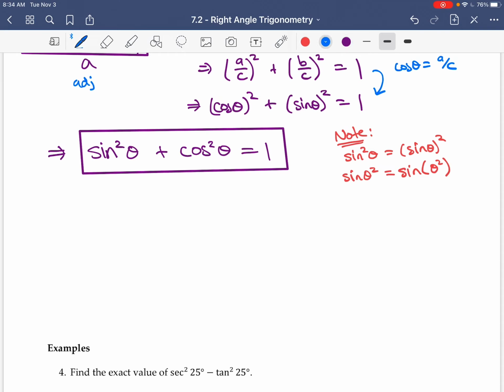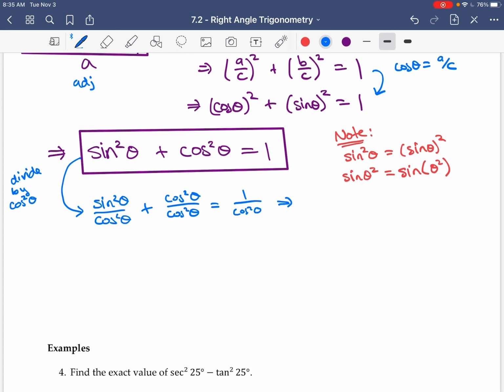So this is the main identity, but then we get 2 for free. Okay, so if I take this identity and I divide by cosine squared theta, then I'm going to have sine squared theta over cos squared theta plus cos squared over cos squared is 1 over cos squared.